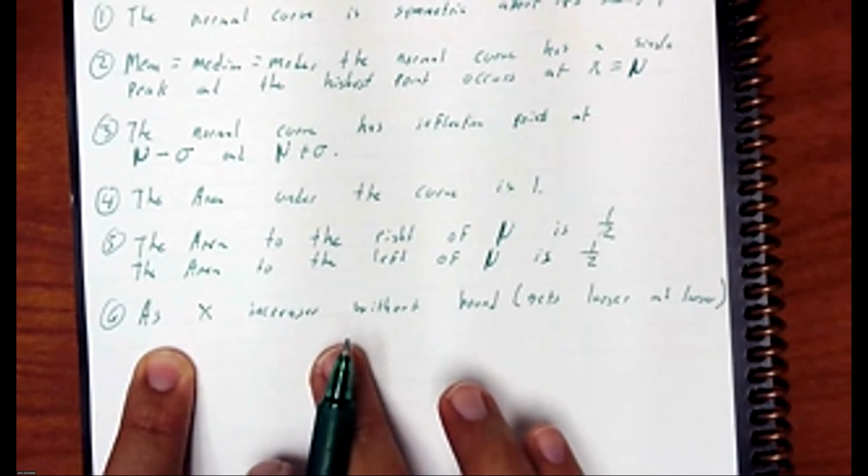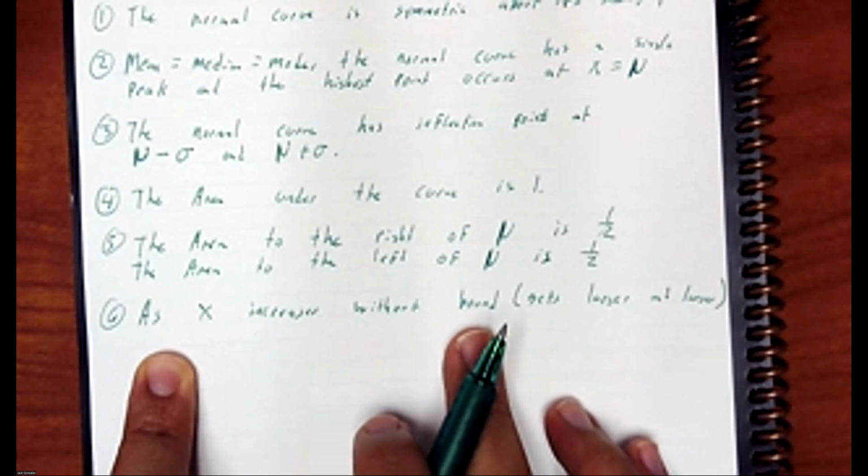You saw how if that was in terms of IQ, the IQ goes to 500. That curve approaches 0, right? Becomes less and less likely that exists. But let me put that in their terms.